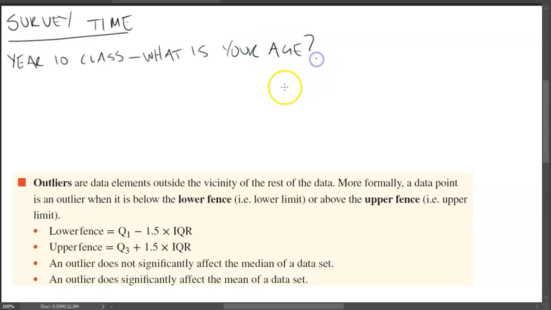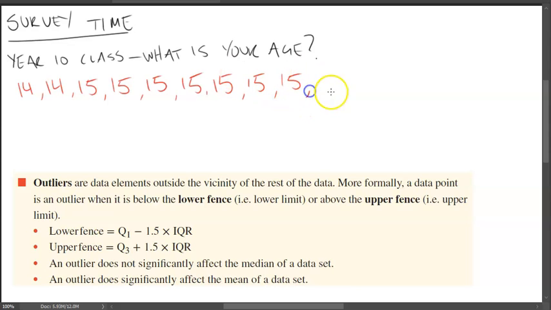I ask every single person within that classroom what their age is. And this is the data that we get, ranked from smallest to largest. You can see some commonality here, can't we?